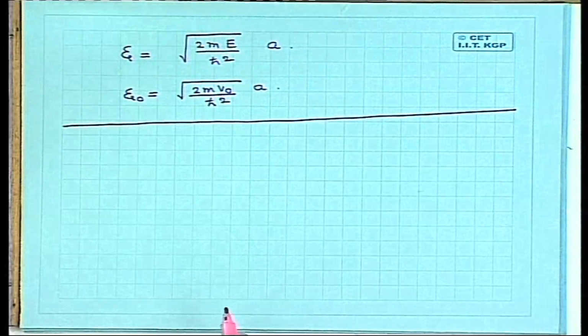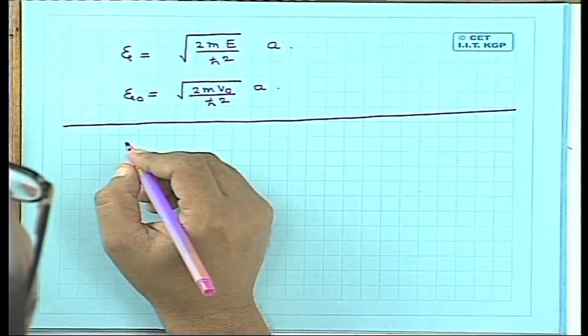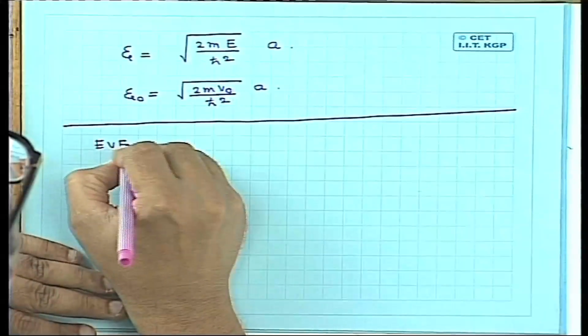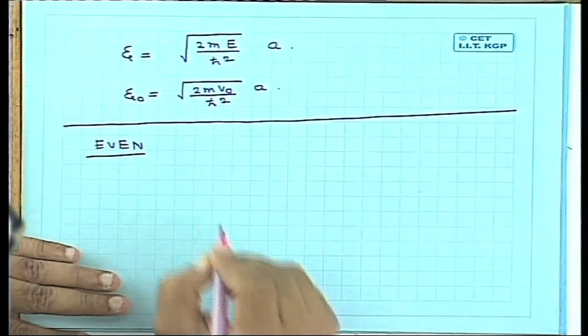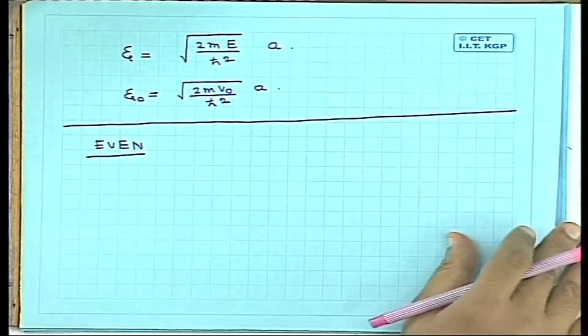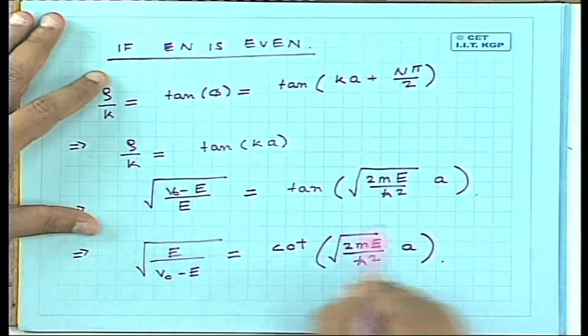Now let us write down the two conditions in terms of epsilon, for odd and for even. For the even case, the final relation is this.